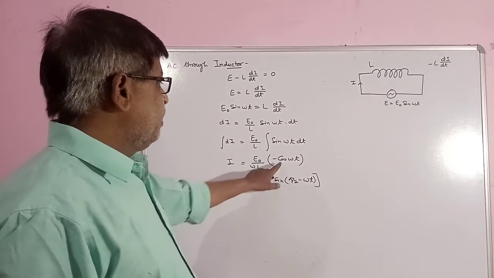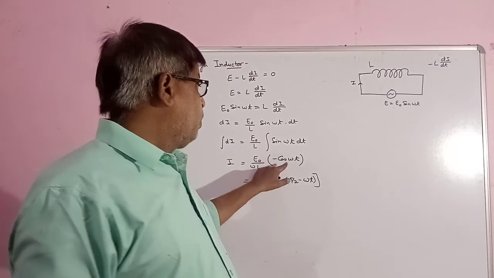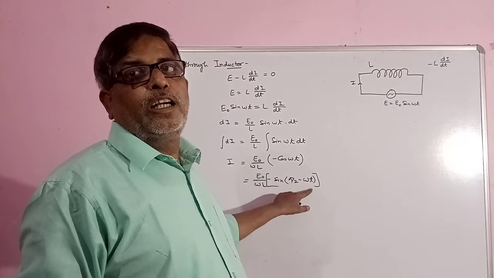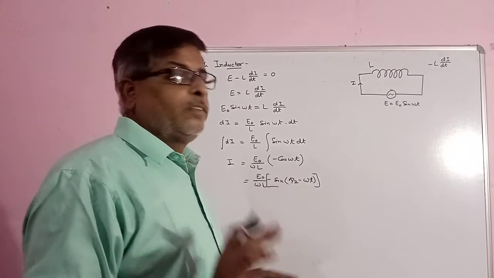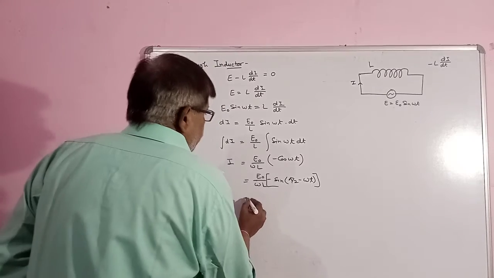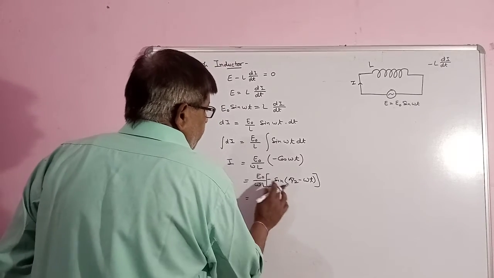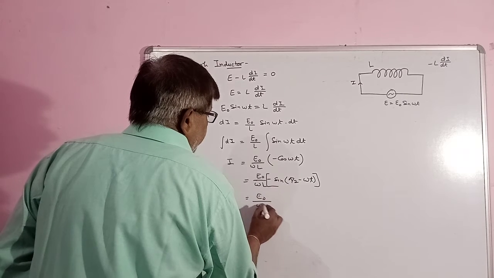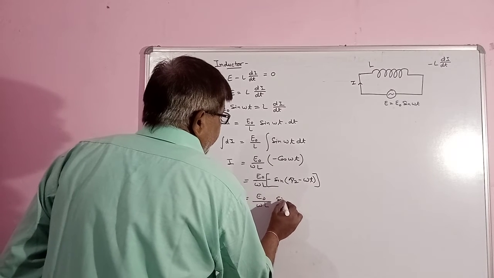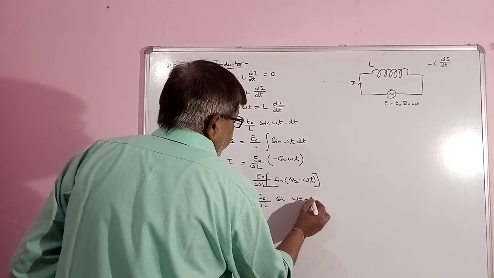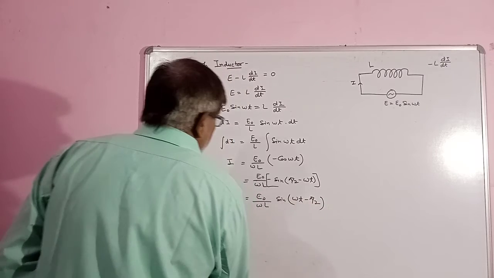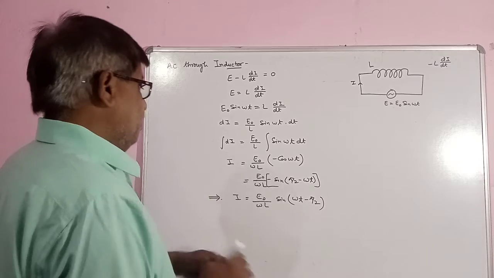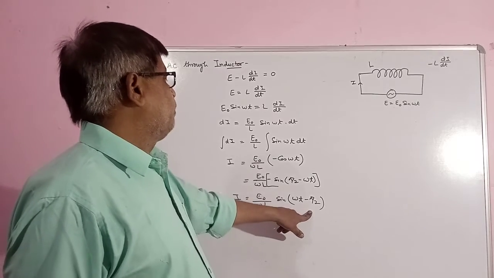Minus as it is, and so when we multiply this minus sign here, this is E naught upon omega L sin omega t minus pi by 2. This is expression of current.